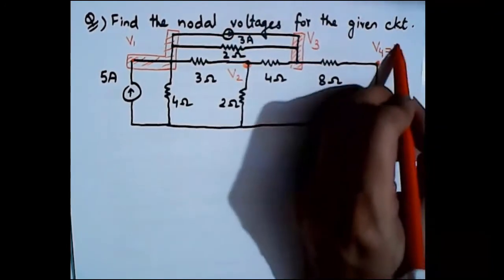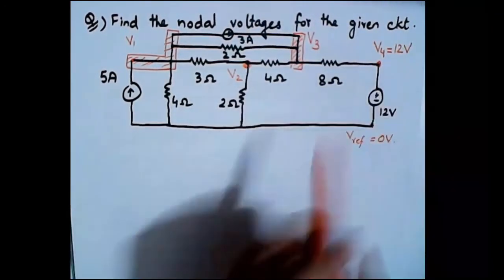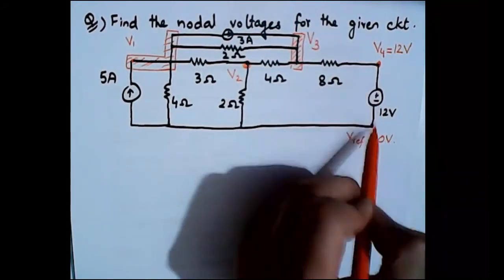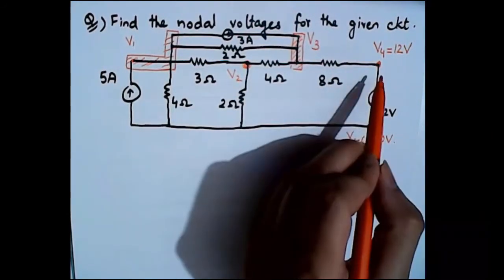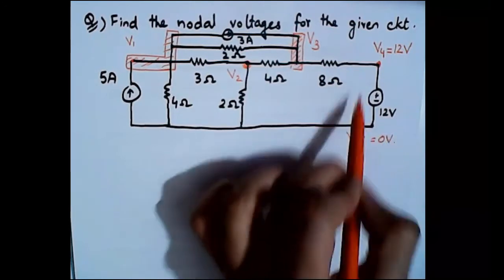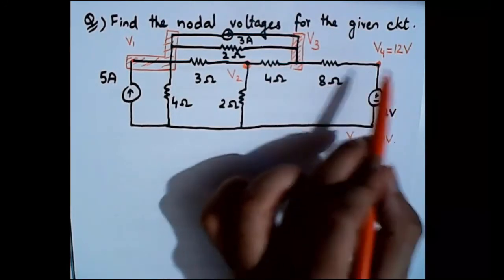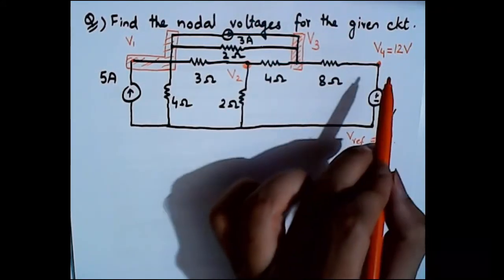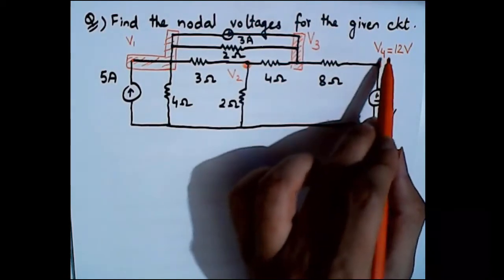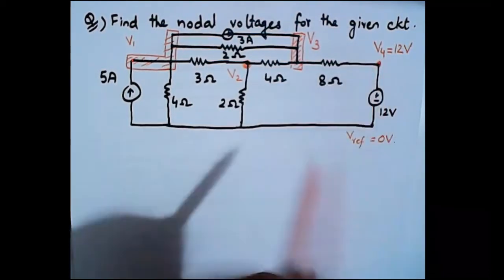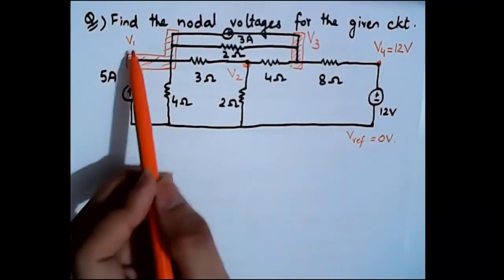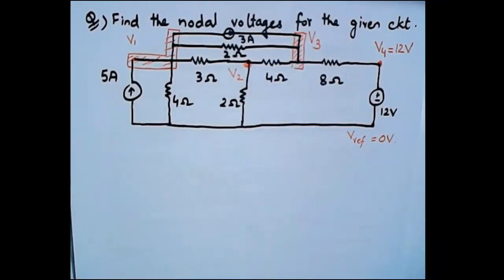So it will become 12 volts, which means that if you just place a voltmeter between these two terminals, right, then the voltage reading will be how much? It will be 12 volts, right? So V4 is equal to 12 volts, and now we will be solving the system of equations to find V1, V2 and V3, which means we just need to have 3 linear equations, right?